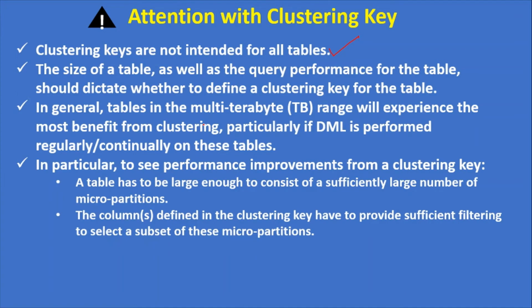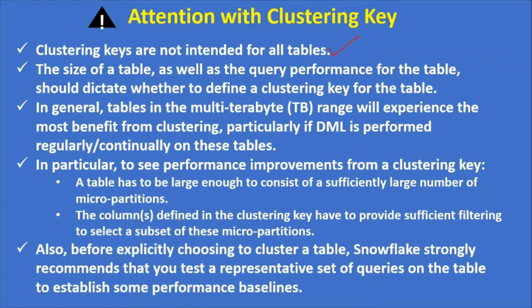In that sales table, while retrieving the data, you may use filters in some cases. That filter columns should have a cluster key on them. That is the one thing you need to be careful about.